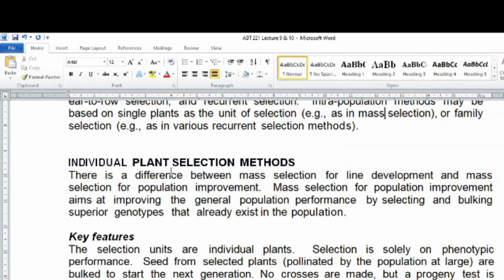Let me remind you that in individual plant selection, there is a difference between mass selection for line development and mass selection for population improvement. In mass selection for population improvement, the aim is improving the general population mean or performance by selecting and bulking superior genotypes that already exist in that population.